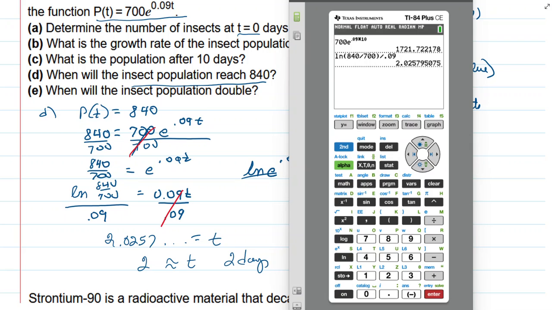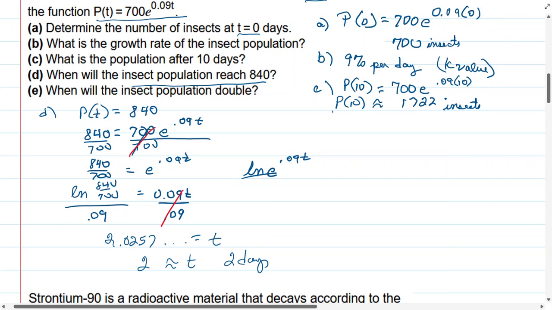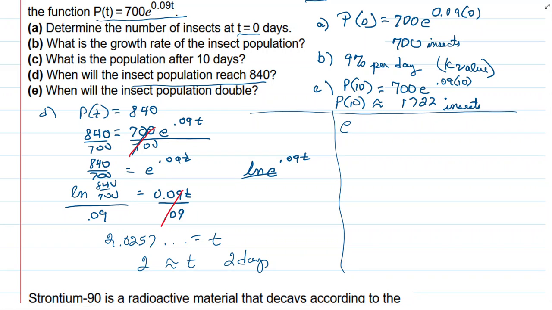So now let's see what the next one is. On E, it says, when will the insect population double? All right, so we're looking for time. So we're going to double the 700, our initial.